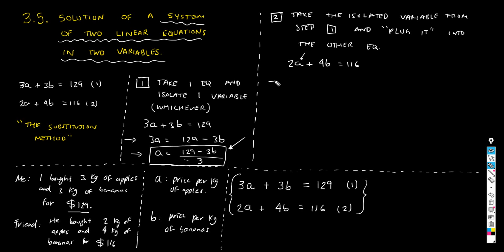So I'm going to write 2 times a, which is all of this. I'm going to open up parentheses in this way, 129 minus 3b over 3. So all of this is a. You see, 2a, 2a. And then we continue with the equation normally.